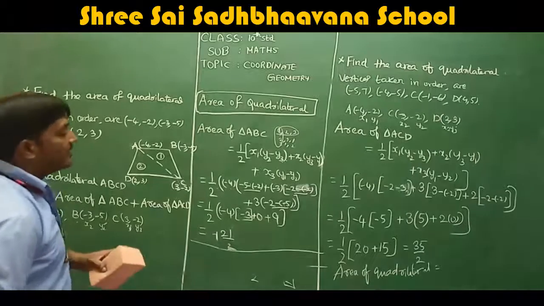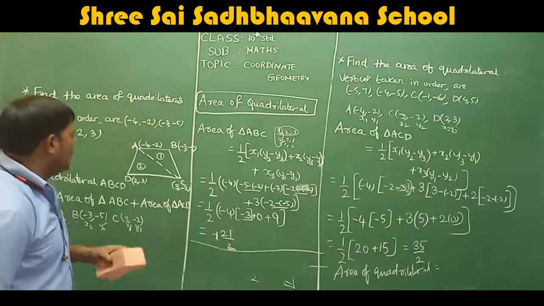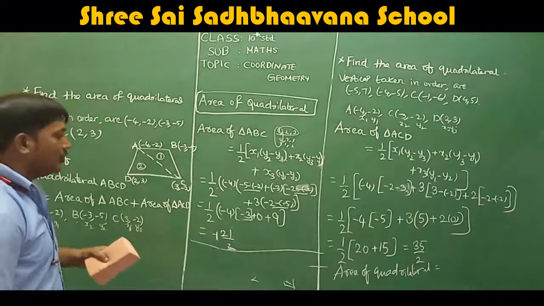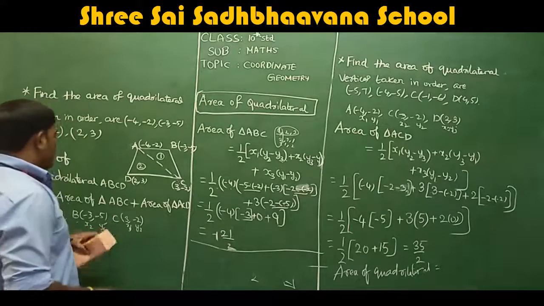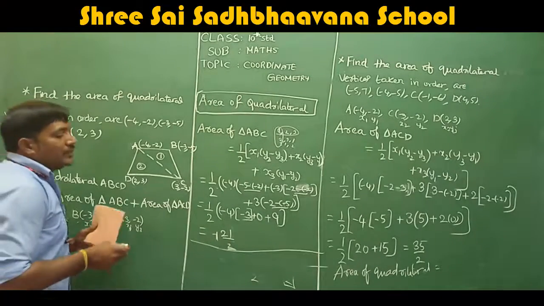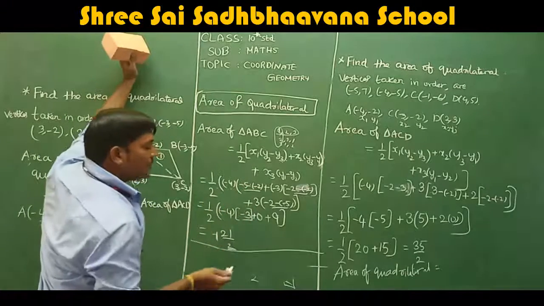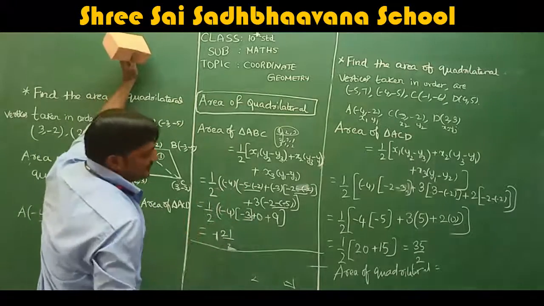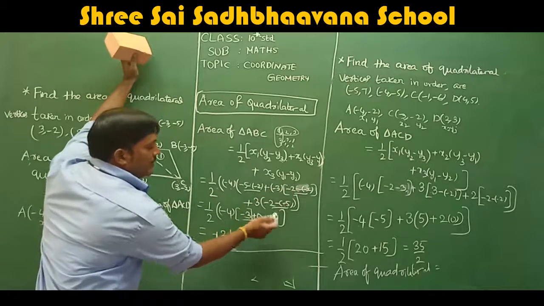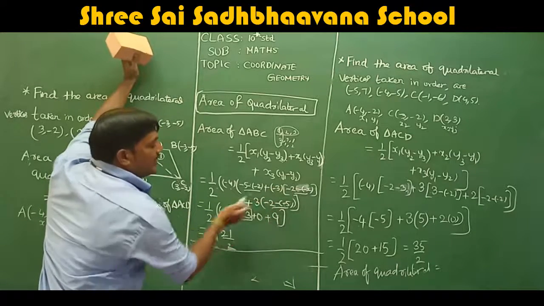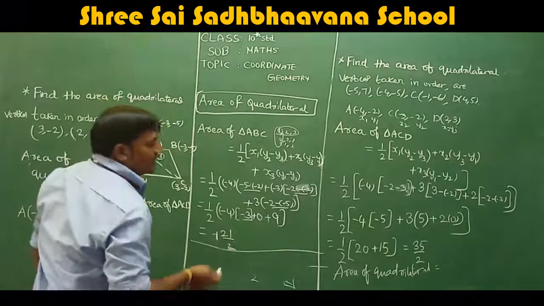So -2 minus of -2 is 0, plus x3, which is 3, into y1 minus y2, which is -2 minus of -5. So we get -4 into -3, plus 0 anyway, and this will be -2 plus 5, which is 3. 3 into 3 is 9.